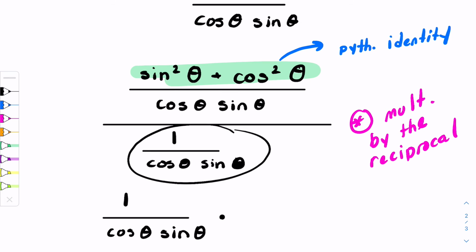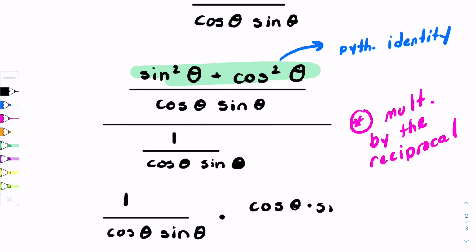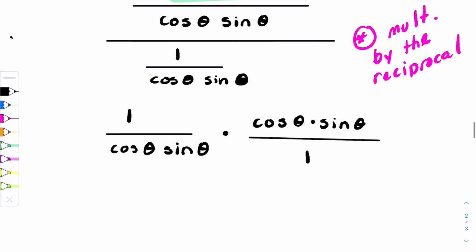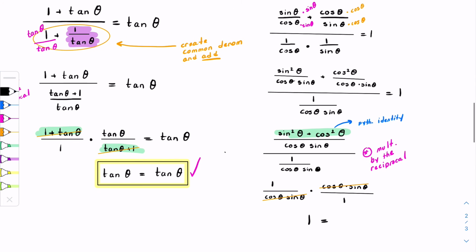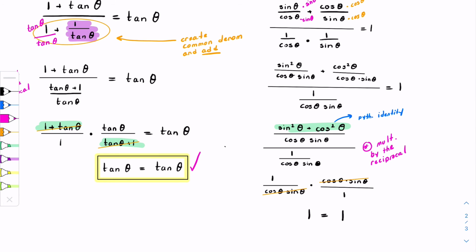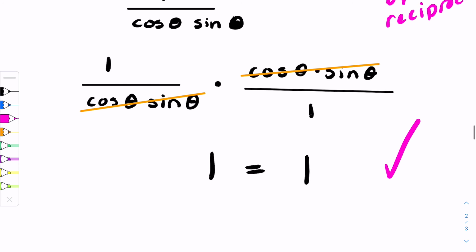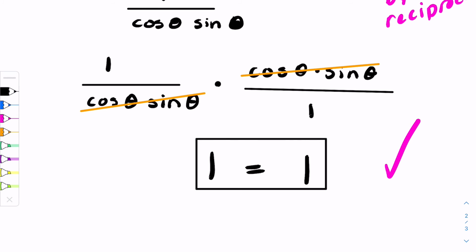And this is going to become cosine times sine divided by 1. Here you can see that your cosine and sine values are going to be eliminated, leaving you with the fact that this is 1, and we were proving that it is equal to 1, so we just proved our trig identity. And that's your final answer.